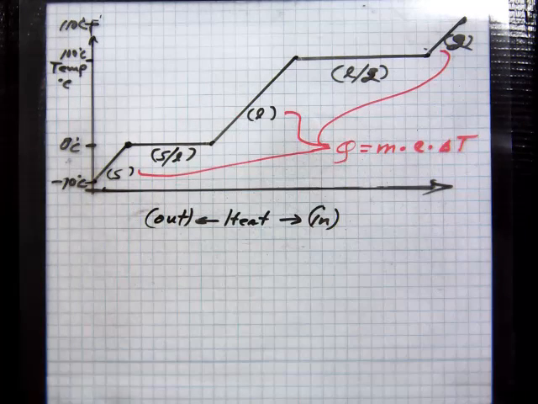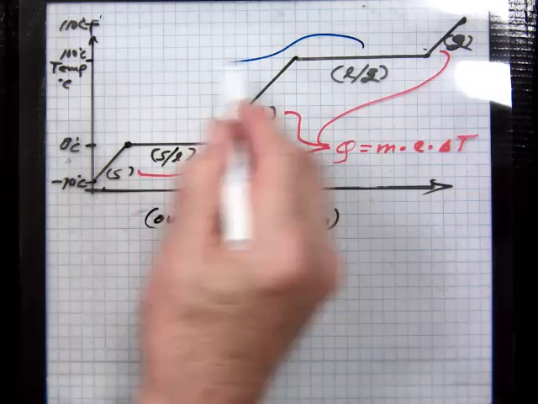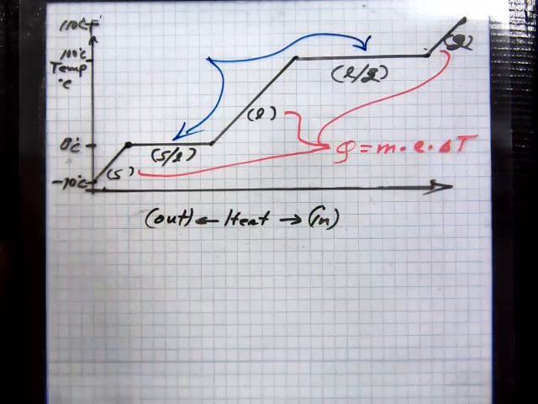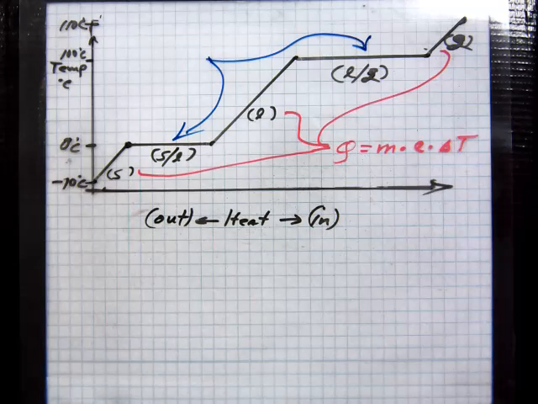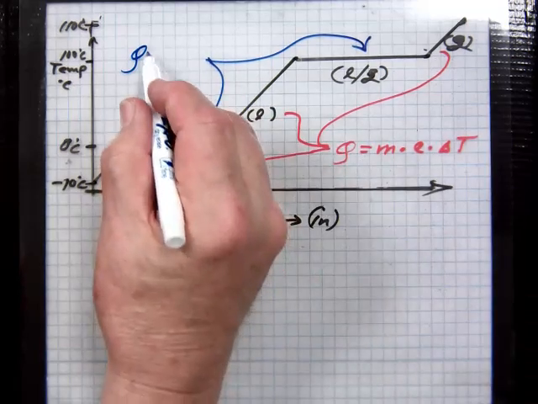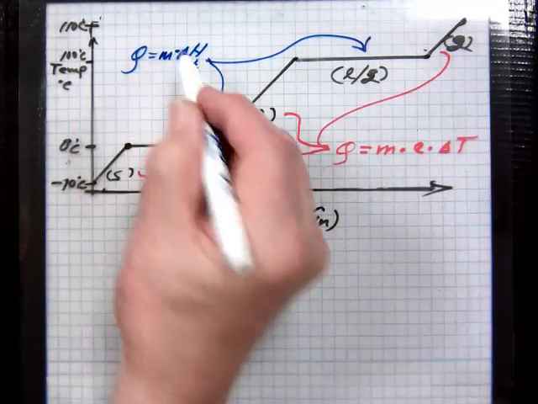In the regions that are transition regions, that is here and here, those show no temperature change, so the equation is not going to have any temperature. But what it has is Q for your transition is M delta H of whatever that transition constant is.